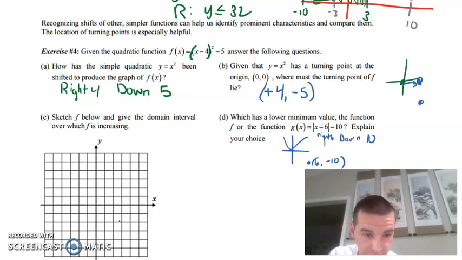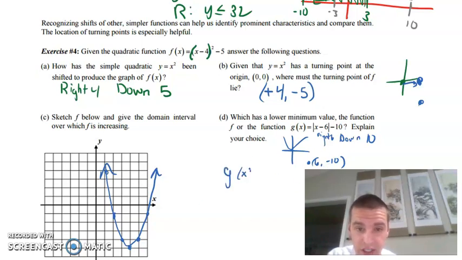Well, if I have to graph this right here, 1, 2, 3, 4, 1, 2, 3, 4, 5, and then which one has a lower minimum value? Well, you should see that negative 10 is lower than negative 5, and therefore g of x has the lower min value.